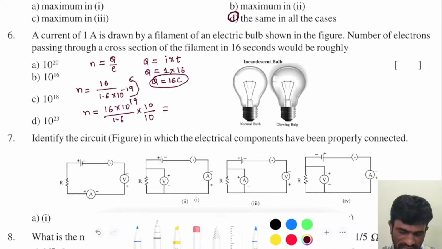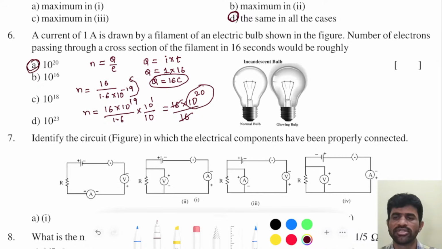Then it will become 16 into 10 to the power of 20 by 16. So 16 will be cancelled. What is the answer? 10 to the power of 20. Not B, it is A. Option A is correct.